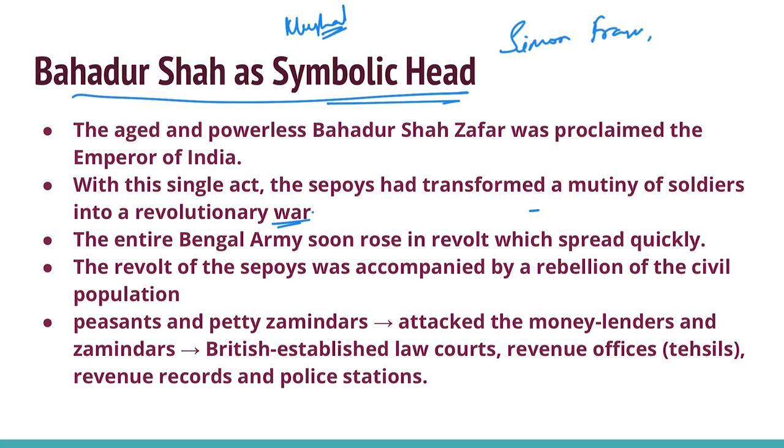The peasantry and petty zamindars gave free expression to their grievances. They attacked the moneylenders and the zamindars who had displaced the peasants from the land. They took advantage of the revolt to destroy the moneylenders' account books and debt records. They also attacked the British-established law courts, revenue offices, revenue records and police stations.